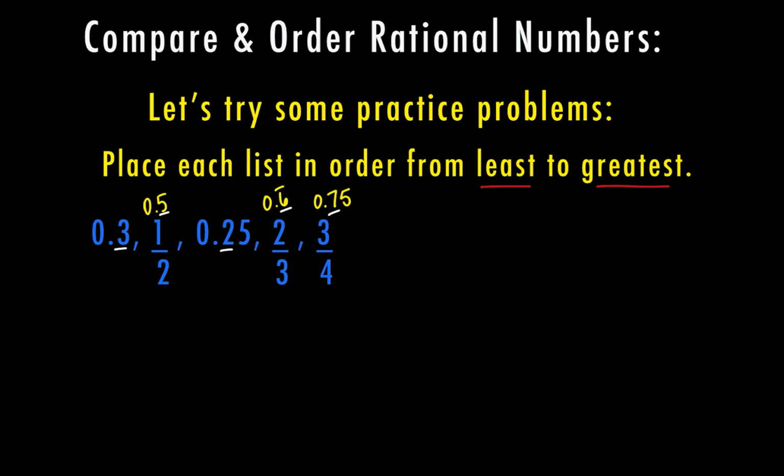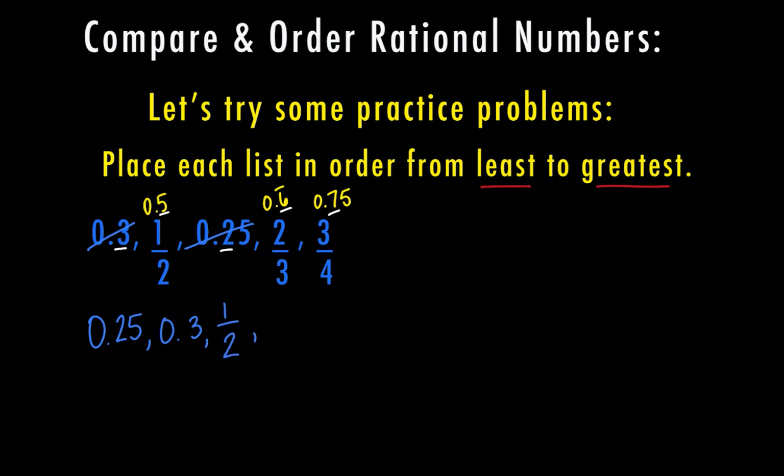And they all look to be different, so that's going to make this pretty simple. So of these tenths positions, the 2 is the smallest. So 25 hundredths is our smallest number. The next smallest number is 3, so 3/10. The next smallest is 5/10, so that's going to be 1/2.